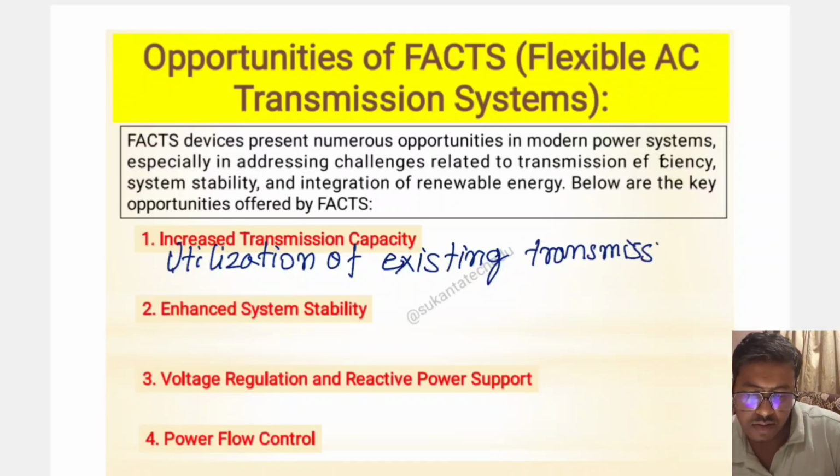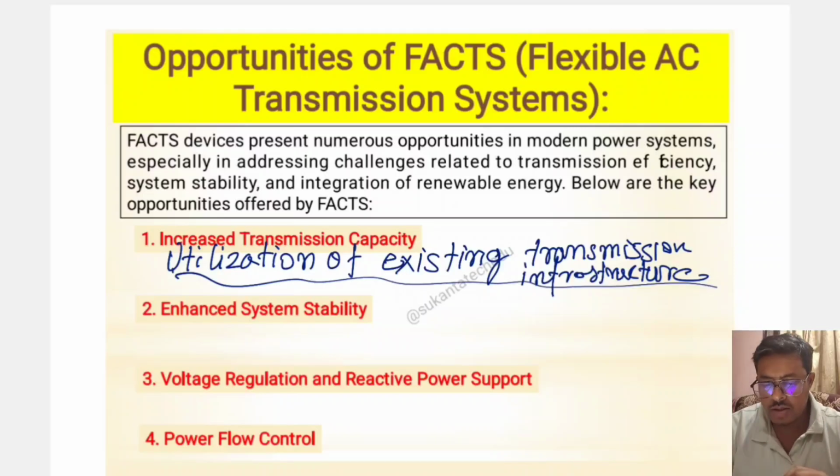By controlling the power flow and reducing congestion, FACTS increase the utilization of existing transmission infrastructure and so increase the transmission capacity.